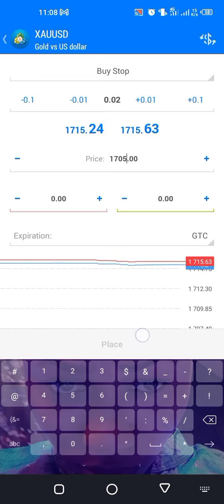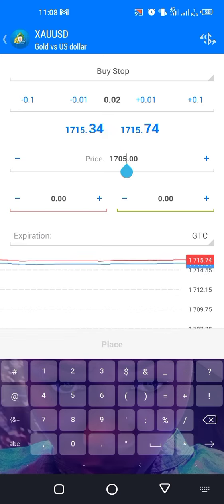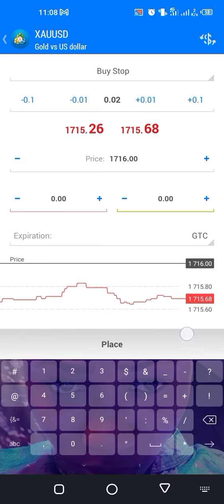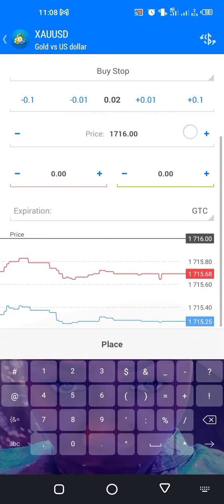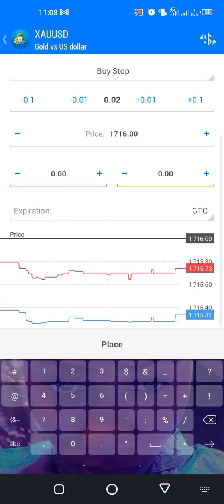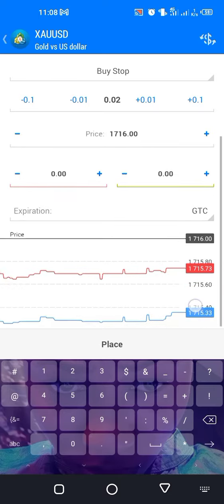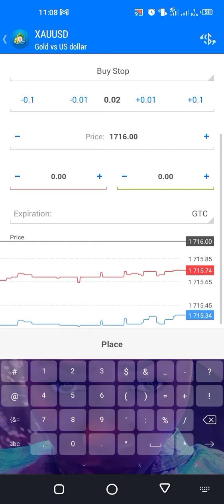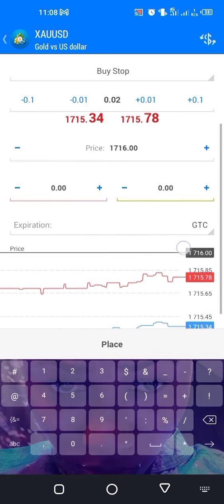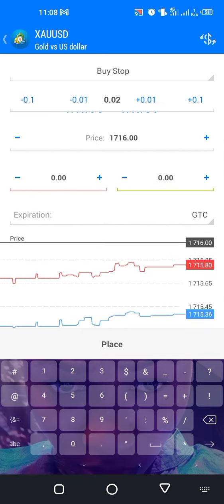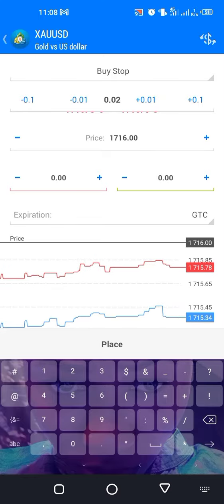You can see here it's not valid for you to place the trade because that is an invalid order. But let's take it up and put 16, you can see it becomes active. All right, so here you can see that this is a current market buy price. Now you can see your pending order is above the current market buy price.